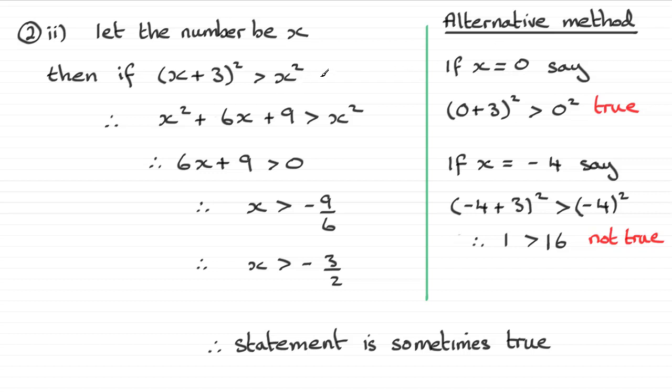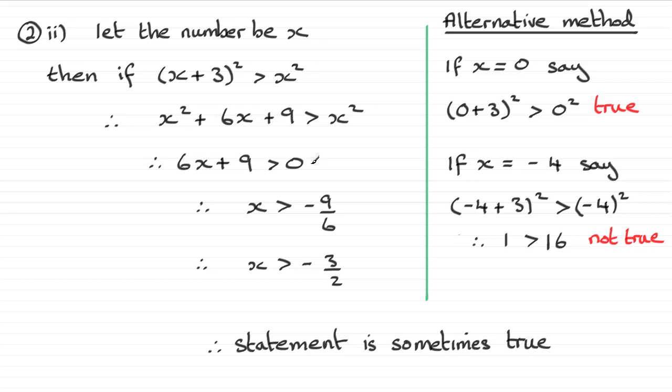This is the algebraic method where I set up this inequality, and if you work this through, square this bracket out, you get x squared plus 6x plus 9, which is then greater than x squared. Subtract x squared from both sides, leaving you with 6x plus 9 is greater than 0.